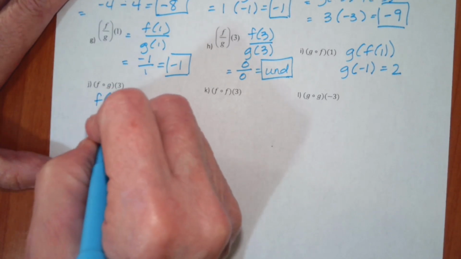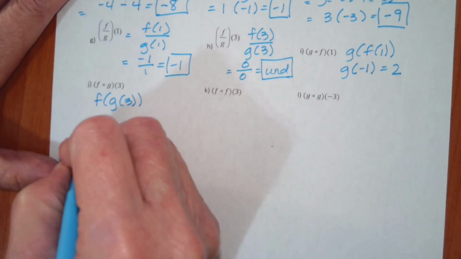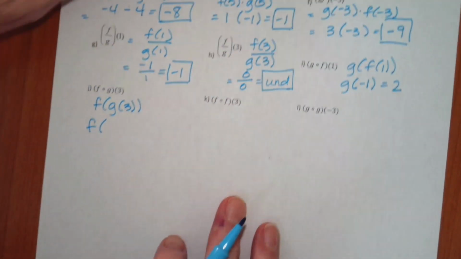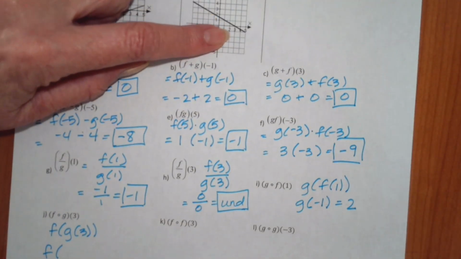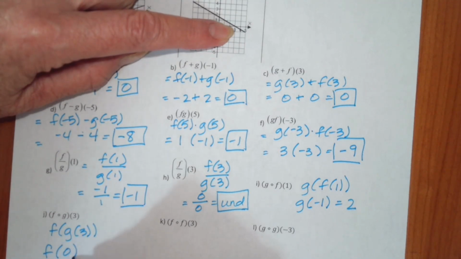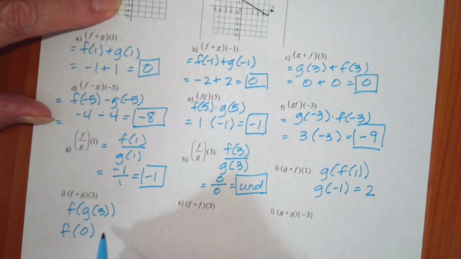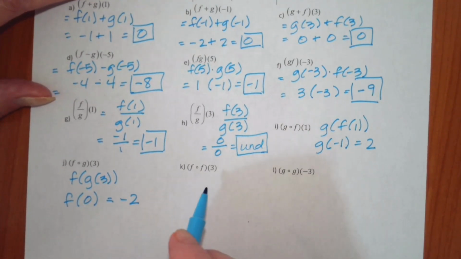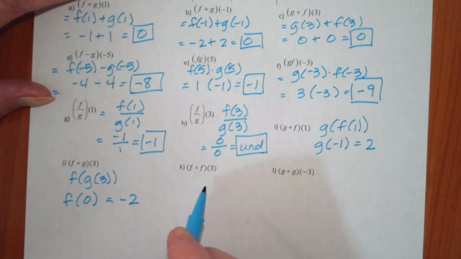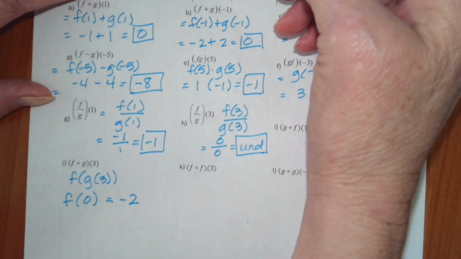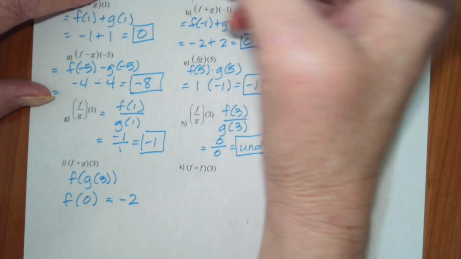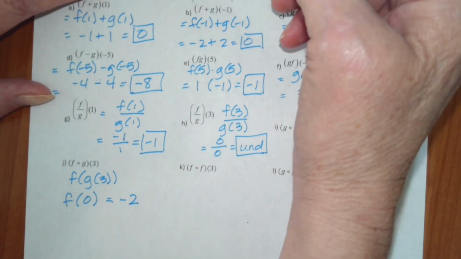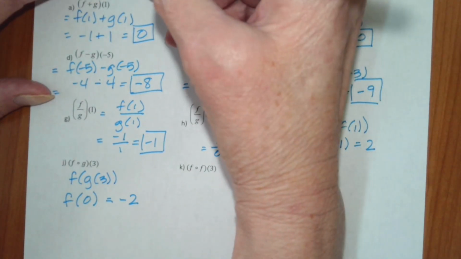All right, this is f of g of 3. Well, I'm sorry, you can't see that. G of 3 is 0, and f of 0 is negative 2. Oh, sorry, g of 3 is 0, and f of 0 is negative 1.5.